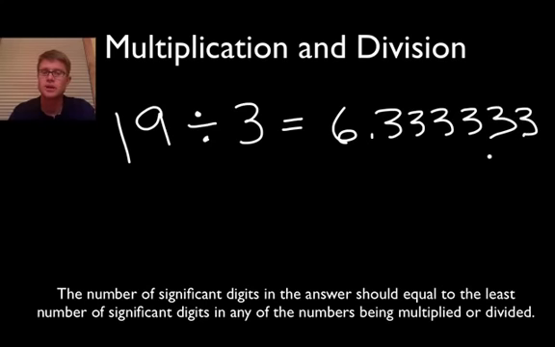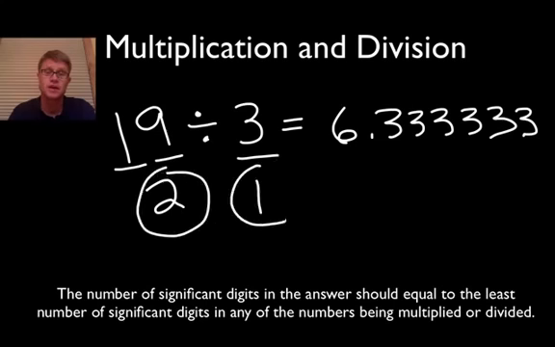But you would never turn in an answer like this in science class or in math class because it's way more precise than the measurements we actually made. And so let's go through and use our rules. How many significant digits does this have? 2. How many significant digits does this measurement have? 1. And so how many significant digits can my answer have? Well, it can only have 1 significant digit.